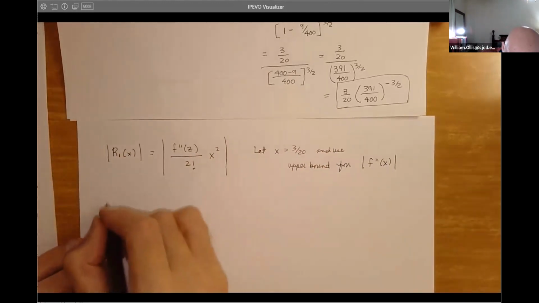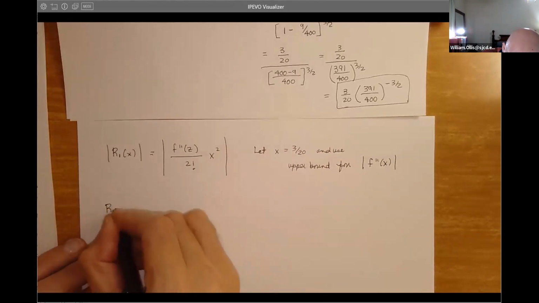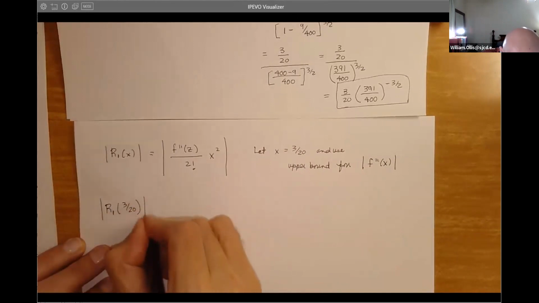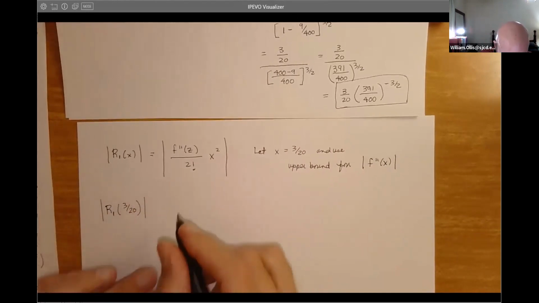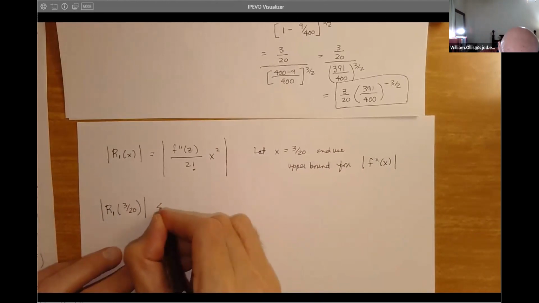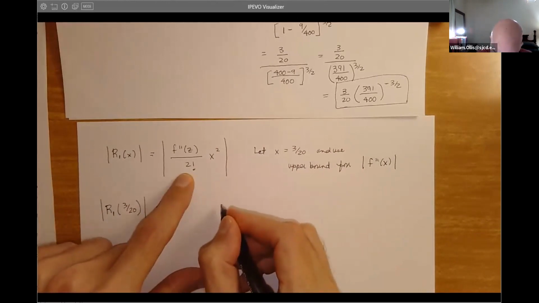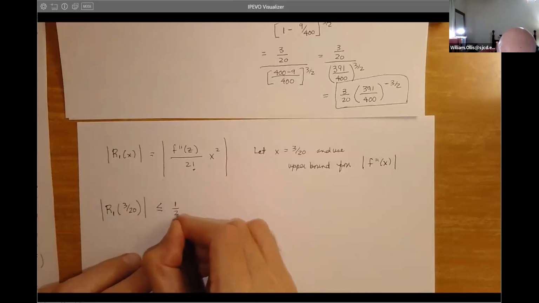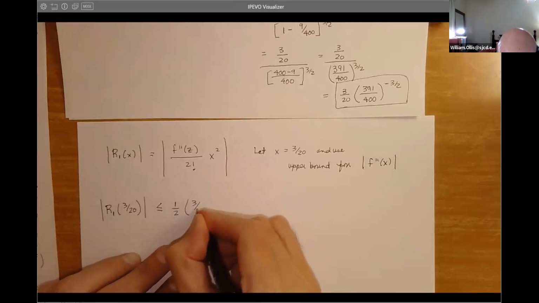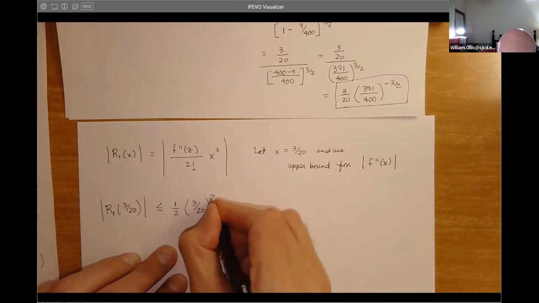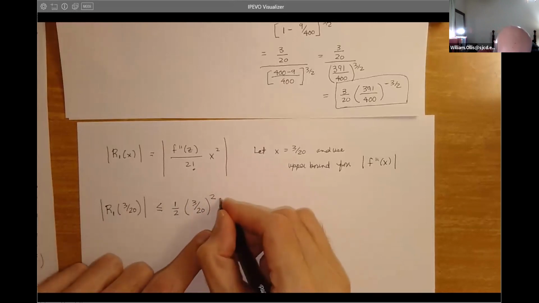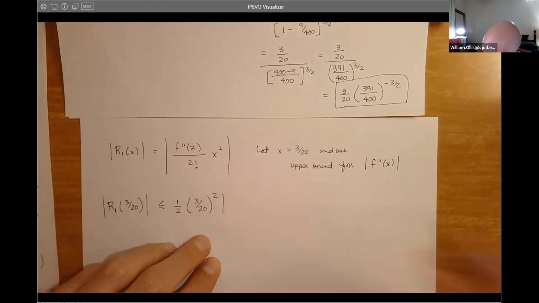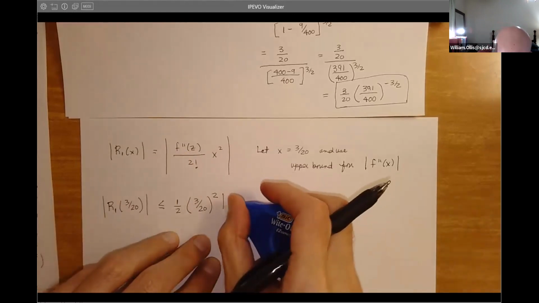Okay, so we have R1 of 3/20 in absolute value, and we'll just go ahead and write it in. So this is going to be less than or equal to, okay, we've got the 1/2 and we've got the X squared. So we have 1/2 times 3/20 squared. And then we have this right here, so I won't even write it down, I'll just put it in.